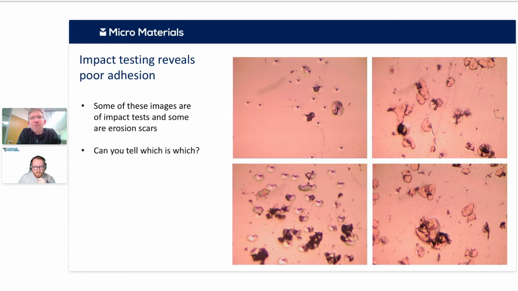If it's a 90-degree erosion, you simulate with a 90-degree impact, and if it's a 30-degree erosion test, you'd simulate with a 30-degree impact test. There's presumably all sorts of clever things you could do by moving the sample staging between impacts, but that would add more and more complexity. All of these things are possible because the sample is sitting on a stage that you have independent control over, so there is a certain amount of flexibility.